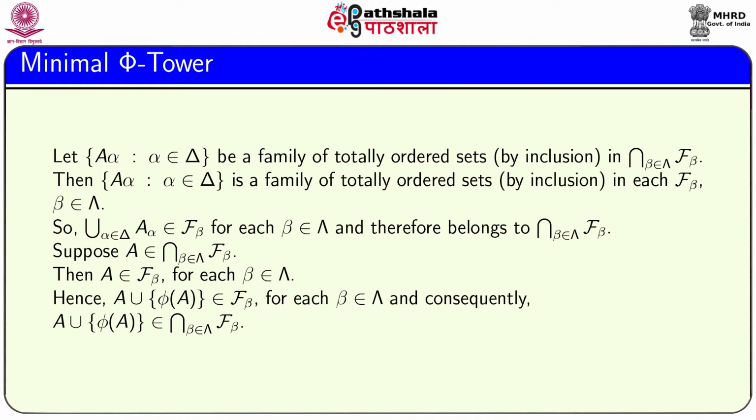Now, let A be an element from the intersection of F_B. Then A belongs to F_B for each B belonging to lambda. And so, A union the set phi A is inside F_B for each B belonging to lambda, and consequently, this set A union set phi A is inside the intersection of F_B.